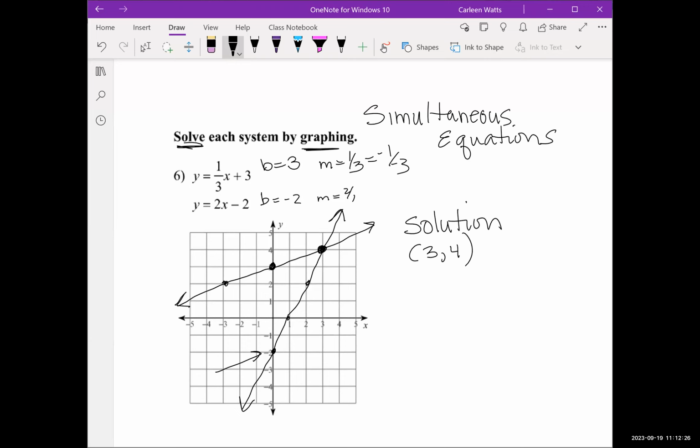This is called simultaneous equations. It's also called a system of equations. That's actually probably the more common name.